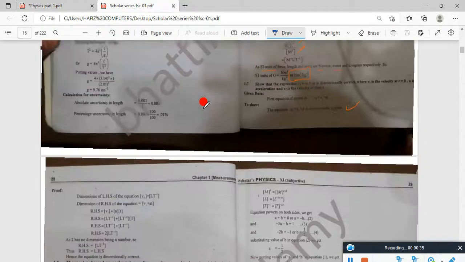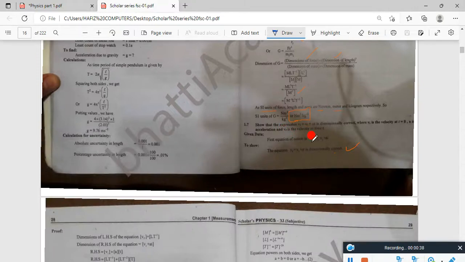So first we will write the dimensions of the left hand side, the final velocity Vf. We know that velocity has dimensions LT^-1, from our previous numerical problems. And the right hand side contains Vi + at.